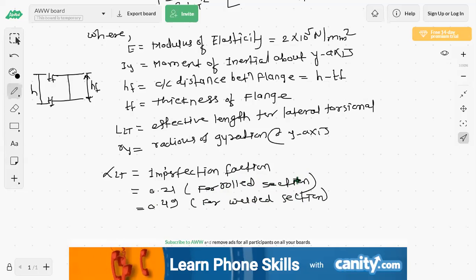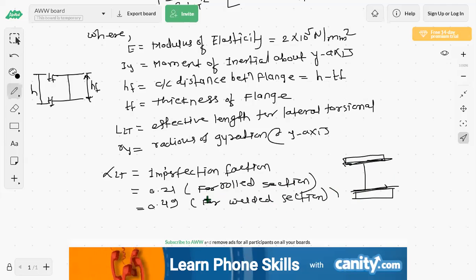The sections available in the steel table are all rolled sections. Welded sections are also available in the steel table, but the standard size sections, for example ISHB 350, ISMB 250, these are rolled sections. But if additional plates are provided and welded to each other to make an I section, then this section is welded.